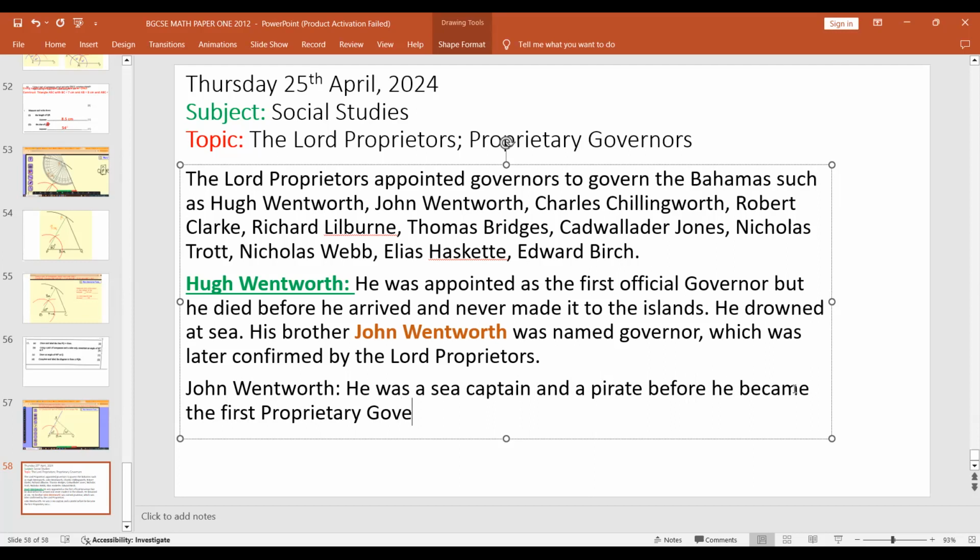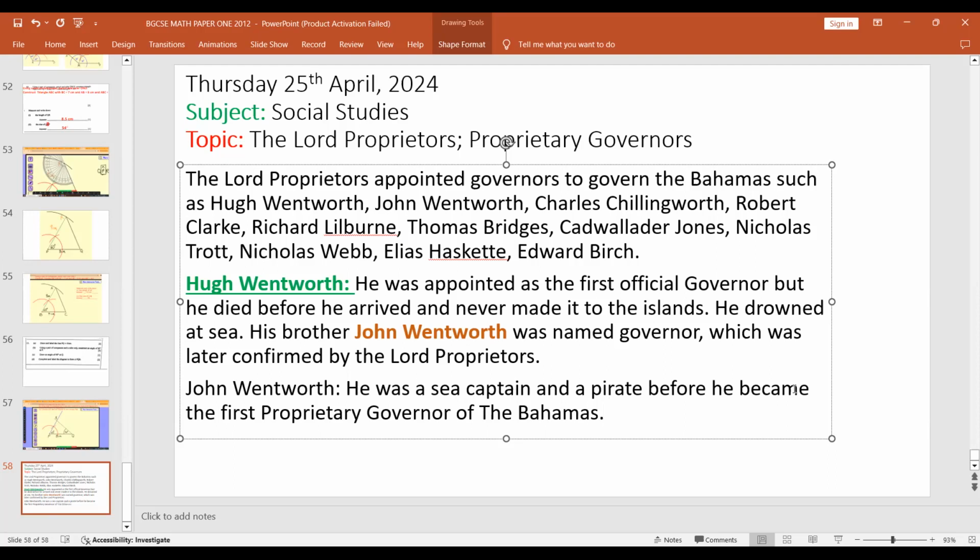Now, he was the first proprietary governor, but the first official one was Hugh Wentworth. So remember that. He was a sea captain and pirate before he became the first proprietary governor of the Bahamas.